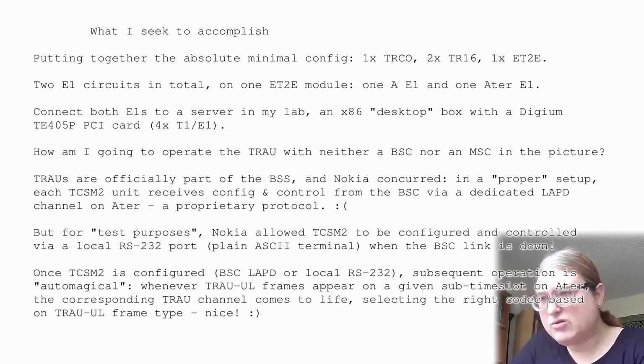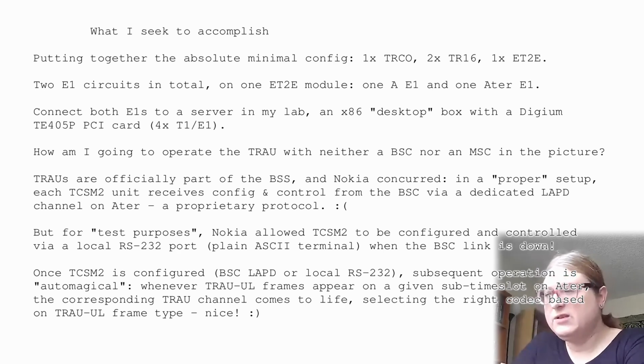It has an RS-232 port on the unit itself, and according to the documentation I could find, it should be possible to configure the unit using this RS-232 instead of its preferred native LAPD control from the BSC.